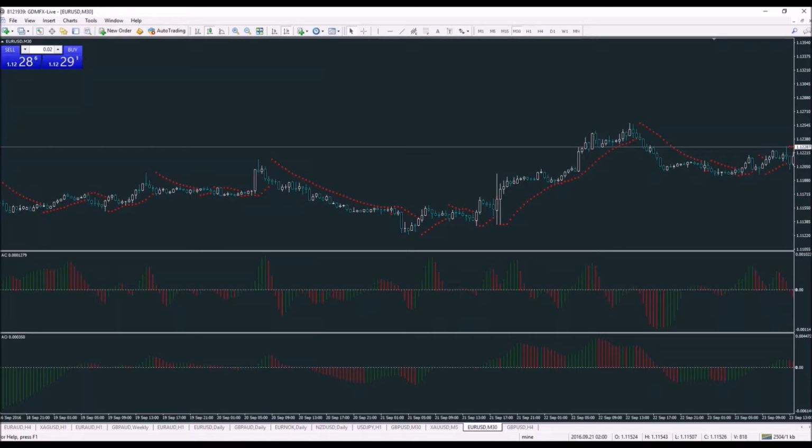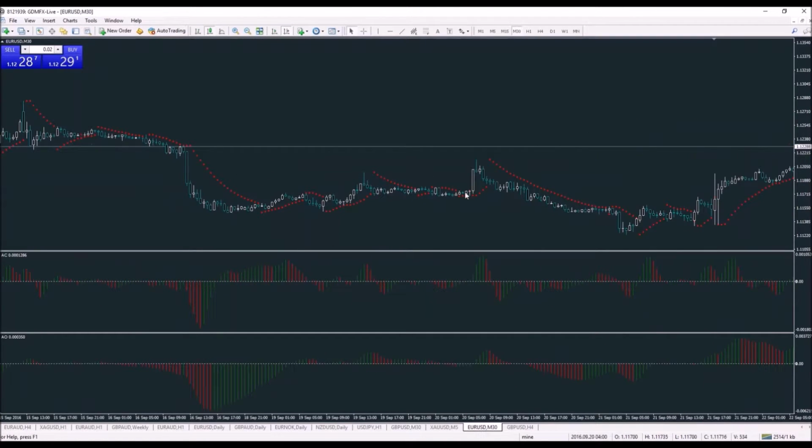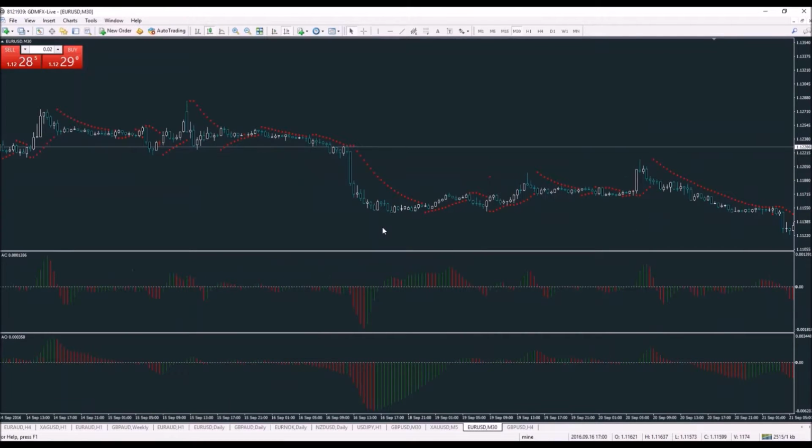That's why we need that parabolic so close to the price, because it can give us an exit strategy on time. So we don't wait for a case like this one to bring us to break even or even a little bit of loss. Now let's have a look at what is happening further back, where exactly we have this particular alignment.